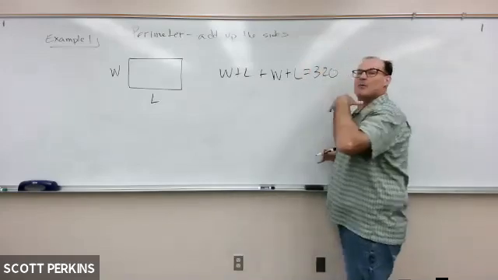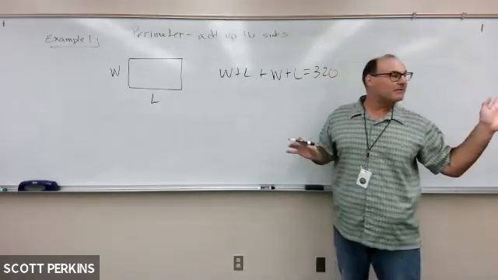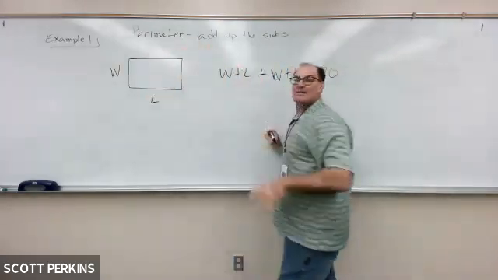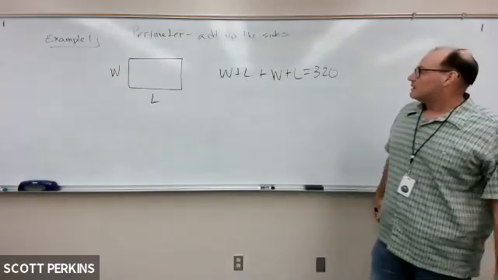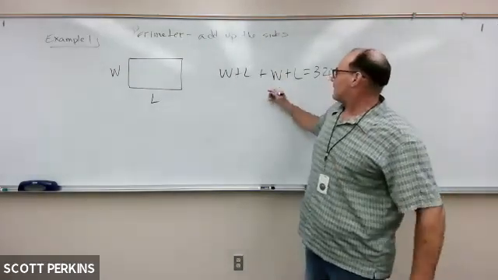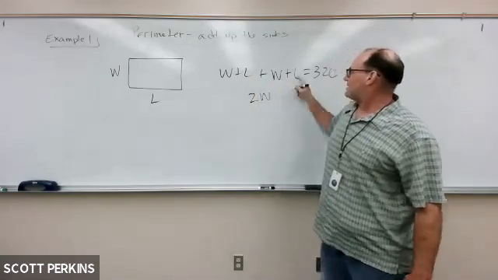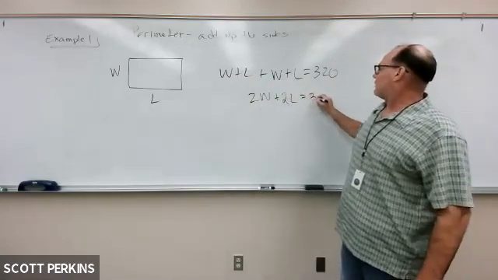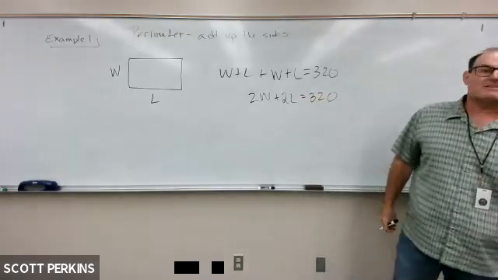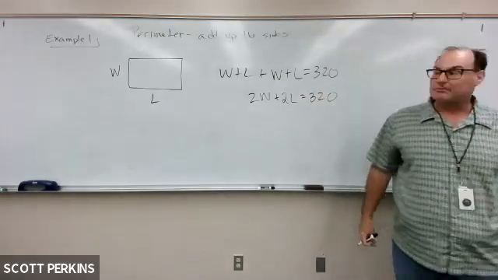All I did, I don't remember a formula. I'm not interested. All I did was remember the perimeter is when I add up all the sides. So I did that. I'm going to collect my like terms, and I've got my first equation. W plus W is 2W. L plus L is 2L is equal to 320. Maybe that formula looks familiar. If you remembered it, that's even better, but you don't have to.